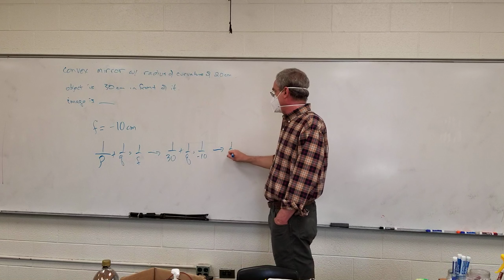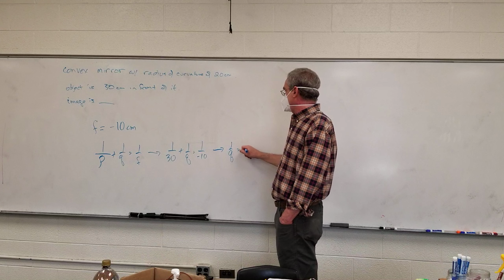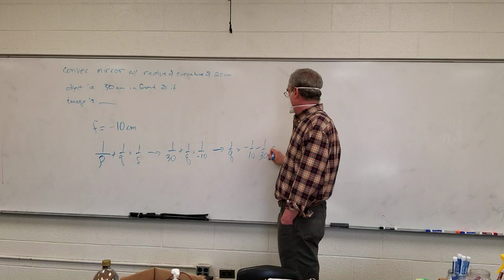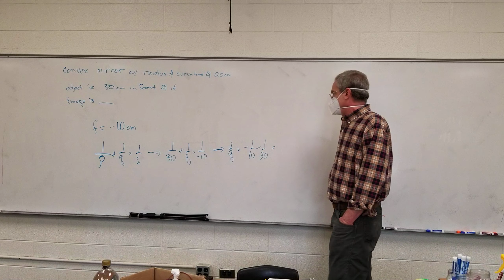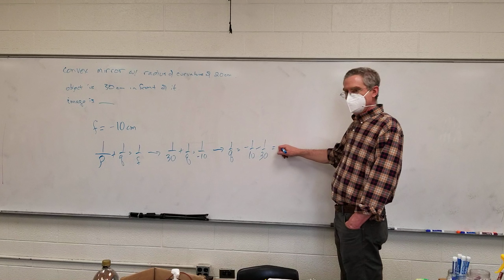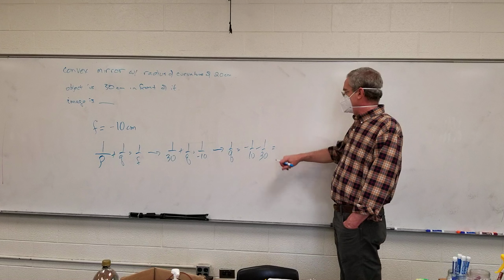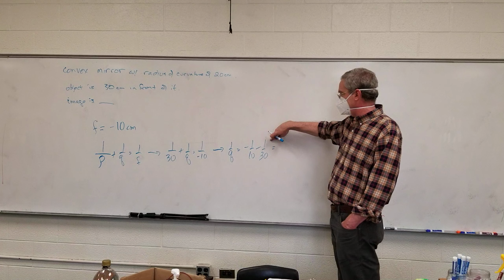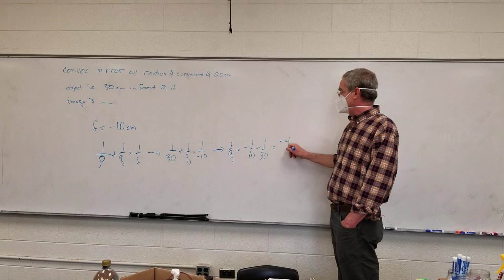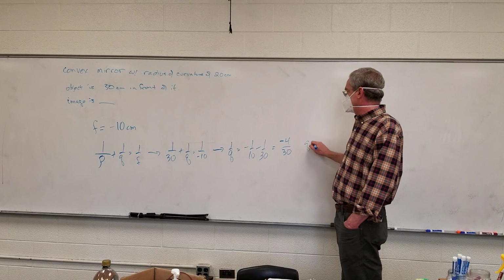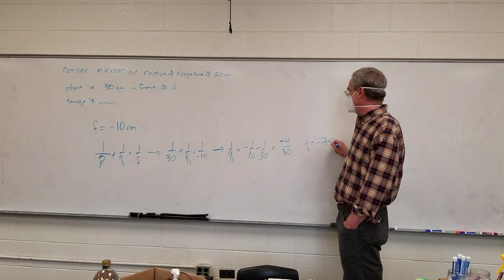So I guess 1 over Q is negative 1/10 minus 1/30. 3 is 2 30ths, so that'd be 1/15 negative. No, positive. Okay, that's negative 3/30 minus 1/30, so it's negative 4/30. So we end up with Q being negative 7.5.